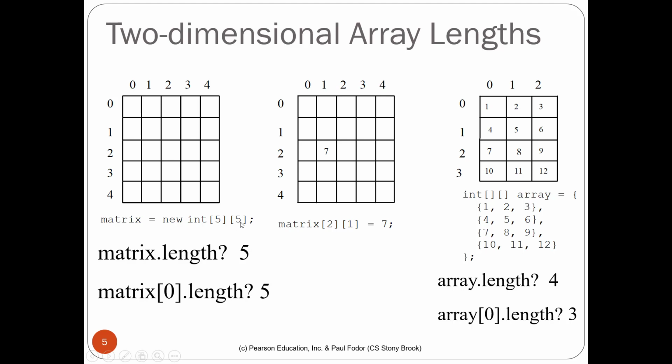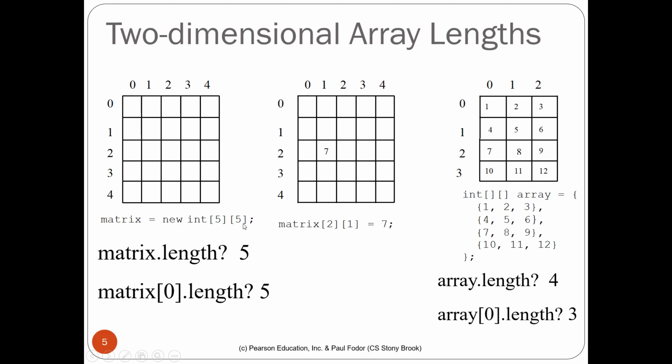Similarly, for column, we will have index starting from 0, going all the way till 4: 0, 1, 2, 3, and 4. Okay, so that's how a two-dimensional array named matrix will be created when you declare it as int bracket bracket matrix, and then you write matrix is equal to new int 5 and 5.